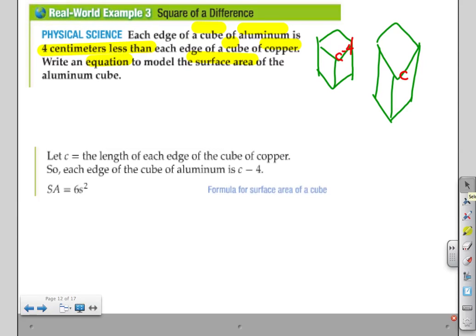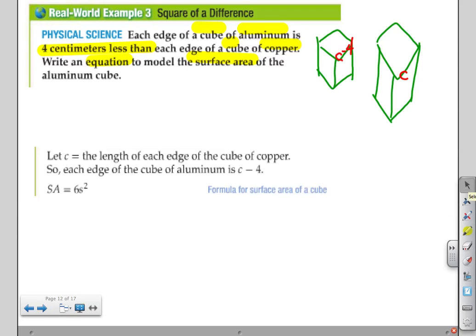Okay, so let's see what that means. So what we're going to have to do is take our 6s squared, which equals the surface area, okay?